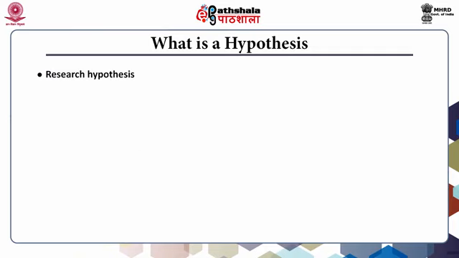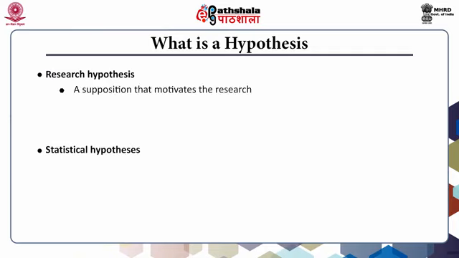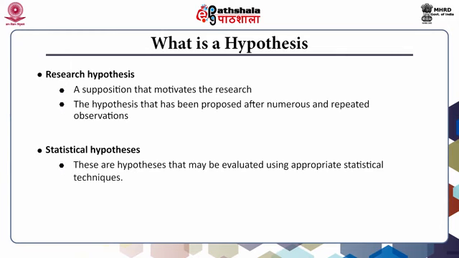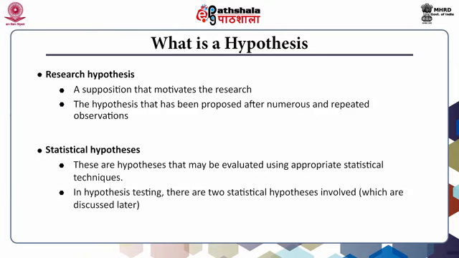Research hypothesis is a supposition that motivates the research. The hypothesis that has been proposed after numerous and repeated observations. On the other hand, statistical hypotheses are hypotheses that may be evaluated using appropriate statistical techniques. In hypothesis testing, there are two statistical hypotheses involved which we have discussed further in this lecture.